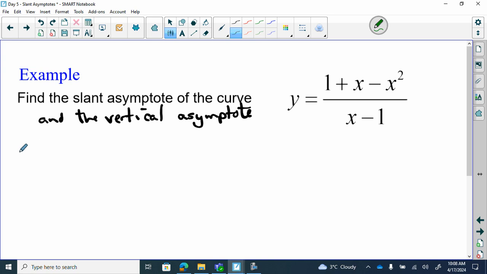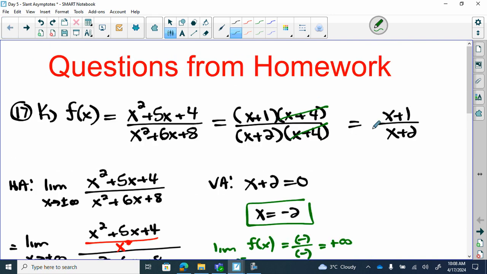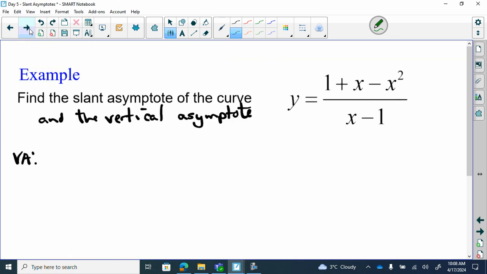How do you find the vertical asymptote of a function? Anyone remember? Take the denominator and do what with it? That's right, look at it. For the vertical asymptote, I took the denominator, x plus 2, and I set it equal to 0. So in this case, I'm going to take the x minus 1. I'm going to set it equal to 0.